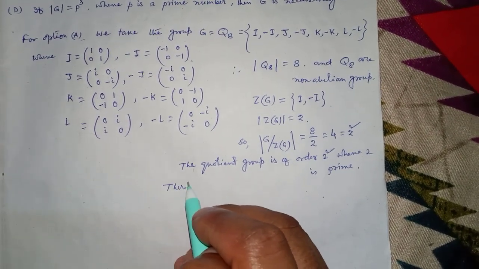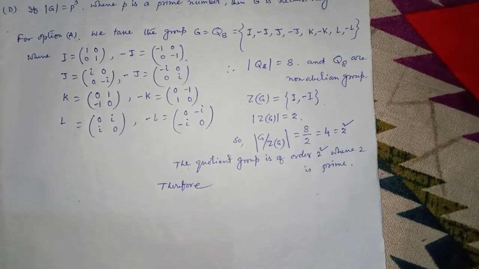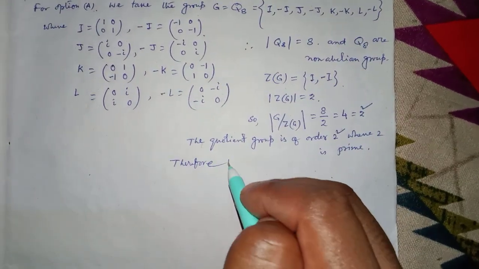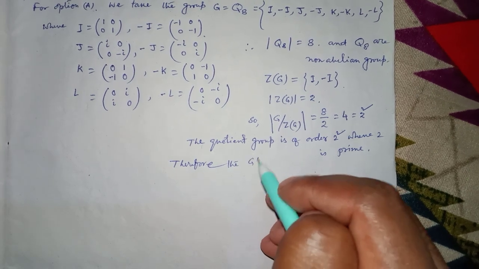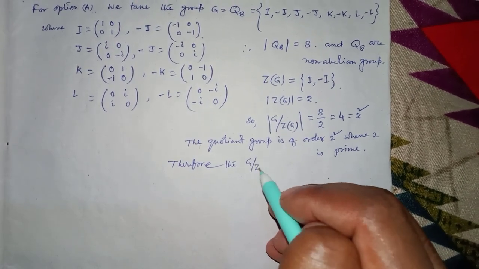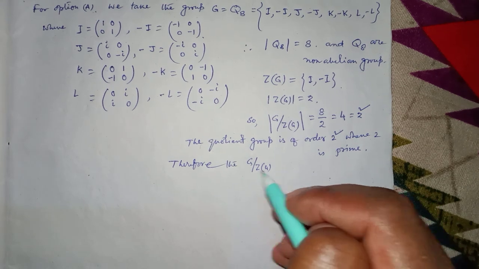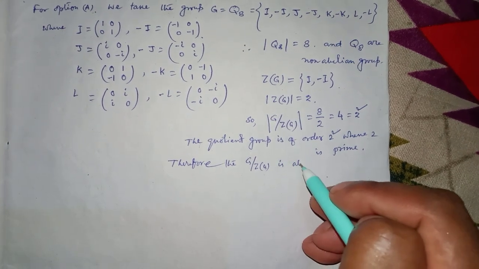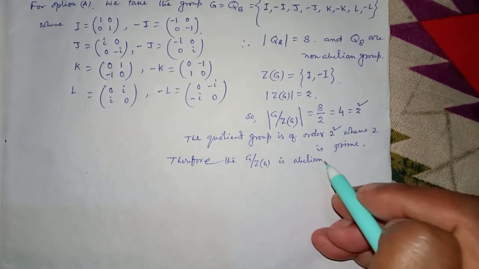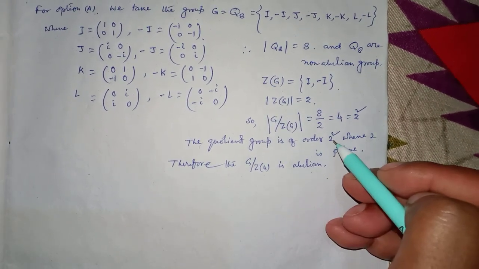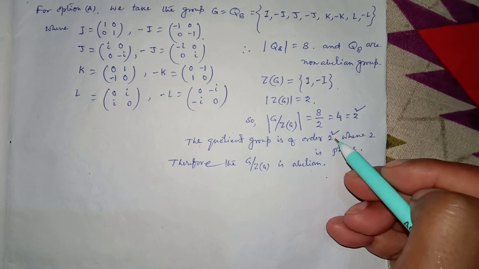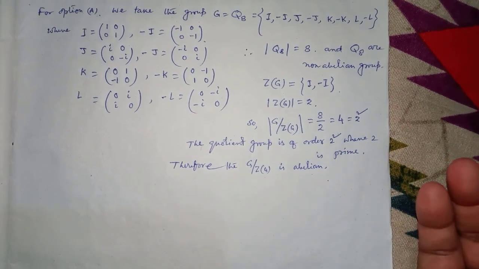Therefore the quotient group G by Z(G) is abelian, because we know that any group of order p square, where p is prime, is abelian.